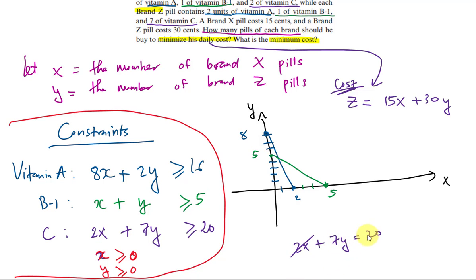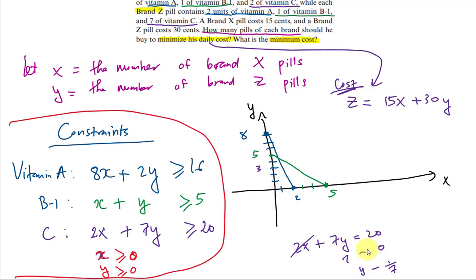I have 7y equal 20, and then y equals 20 divided by 7. So that is almost 3, something like around here, very close to 3. 3 is right here, so 2.9 something. That is 20 over 7.